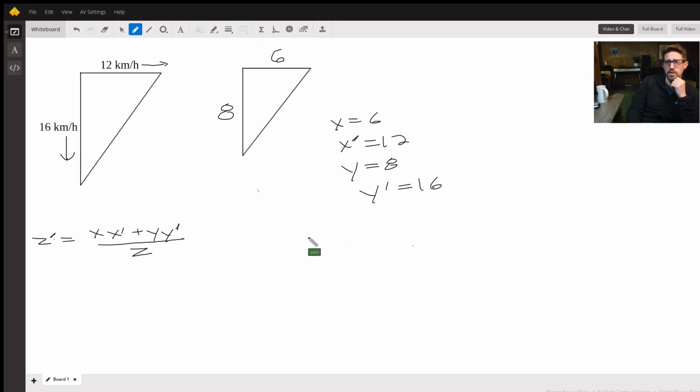And we don't know z, but can we get it? Yes, to get z, we just have to do a little bit of Pythagorean theorem up here. 6 squared plus 8 squared is z squared. Sure, you can handle that algebra. 6 squared plus 8 squared is actually 100. So z is 10.